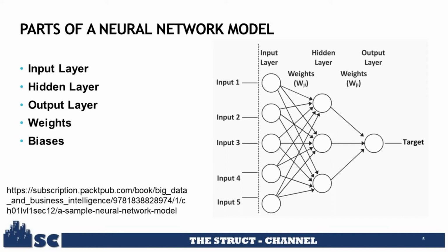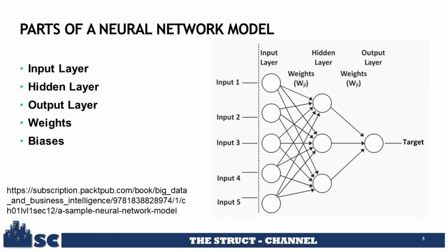The hidden layer comprises the hidden nodes and biases. This layer connects the input layer and the output layer. The hidden layer or layers perform the transformation of signals from the input layer. The last layer is the output or target layer.